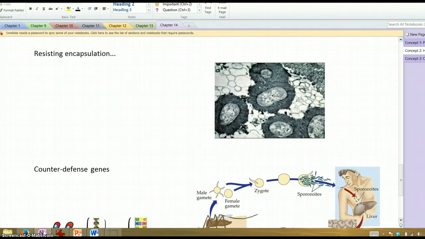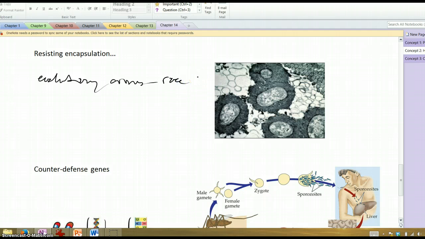So this brings up the notion that sometimes the relationship between pathogens and host is described as an evolutionary arms race. Perhaps you've heard of the arms race in terms of the relationship between the former Soviet Union and the United States, where they each were trying to build bigger and better bombs.